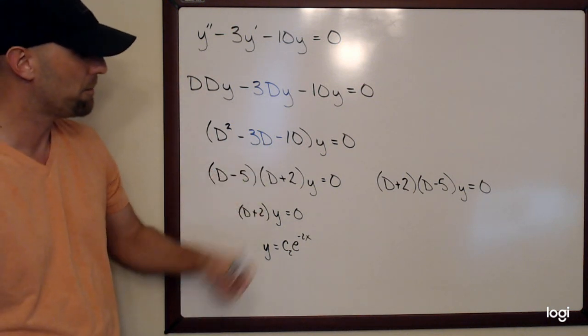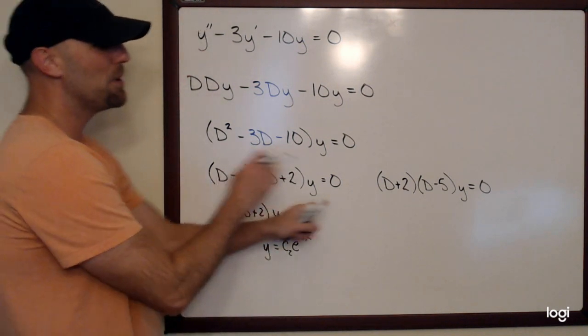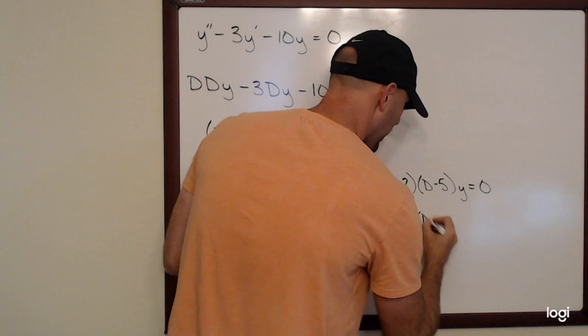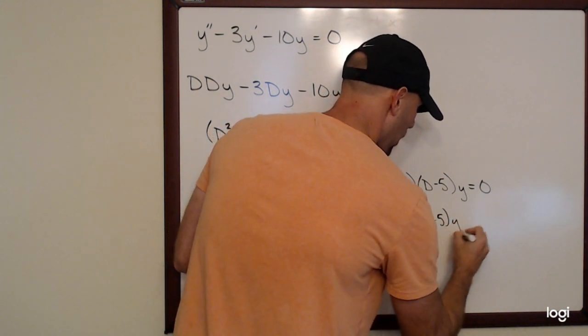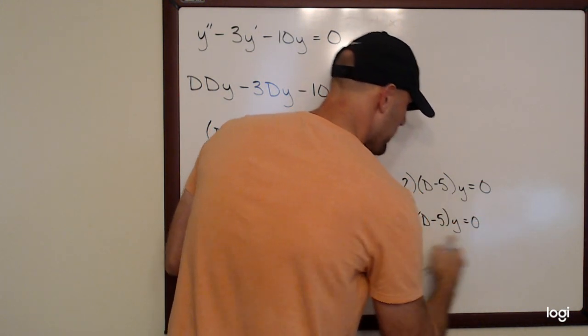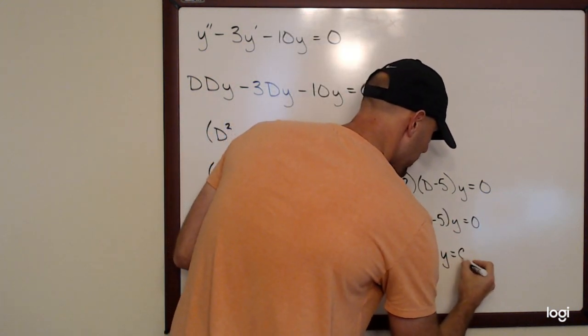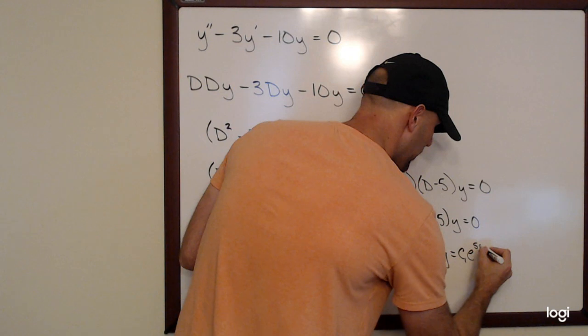Fine. But since they commute, I could have just written it this way, and I can use the exact same logic over here. When D minus 5 applied to y equals 0, we got y is equal to C1e to the 5x.